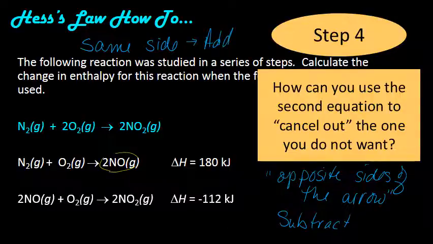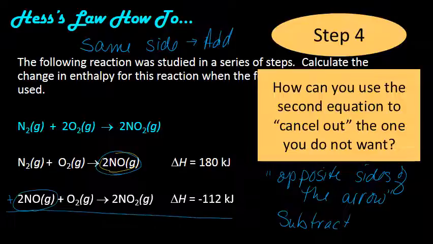I'll show you how this works. In this particular case, NO is a product, and then the NO is a reactant. So because they are on opposite sides of the arrow, we will get to subtract these out of a series of equations because just like we did in redox, we will be adding these equations together.